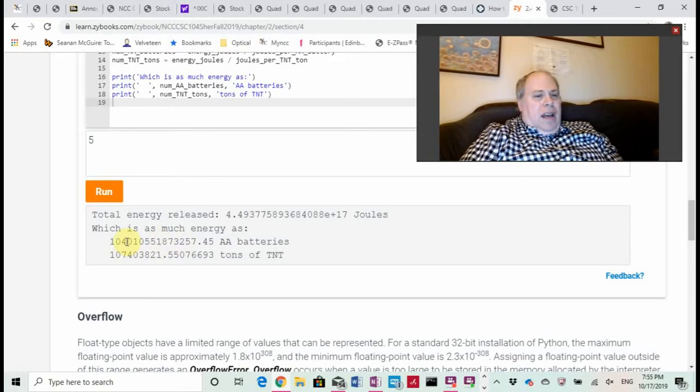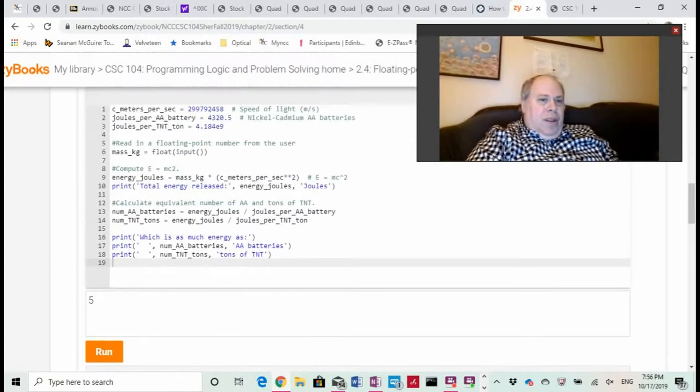No, it's 104 trillion, 10 billion, 551 million, 873,257.45 AA batteries, or 107,403,821 tons of TNT. Okay, for what that's worth.